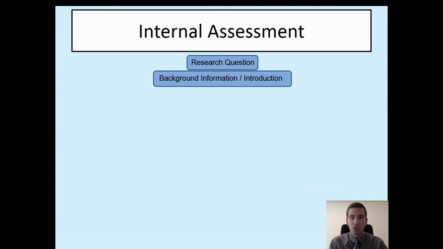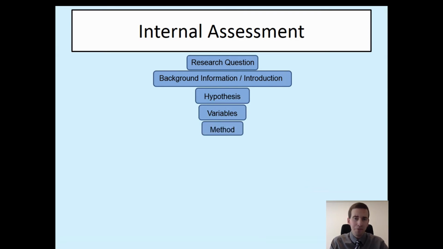You then have a section including your background information, your introduction, let's say. From this, you go to your hypothesis. You then state the major variables, the method of your experiment that you've come up with. You have to do a risk assessment.